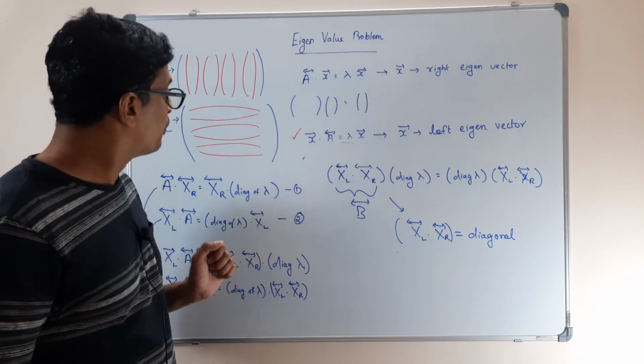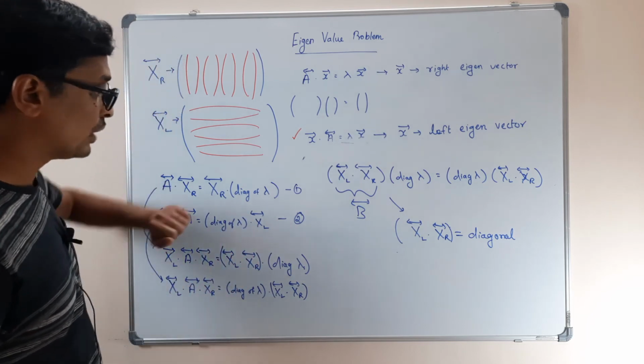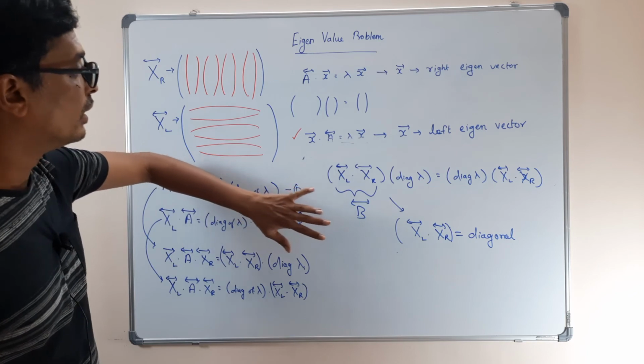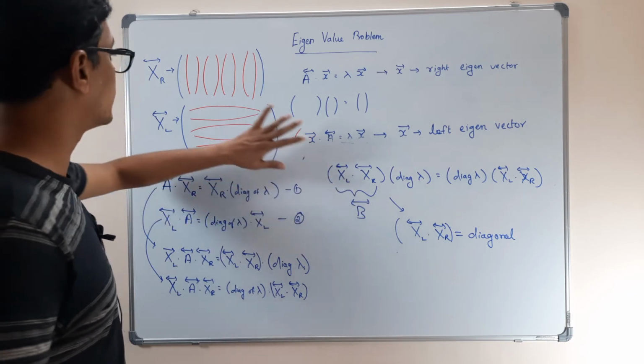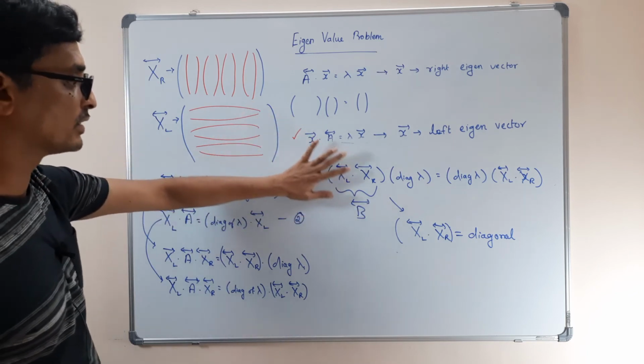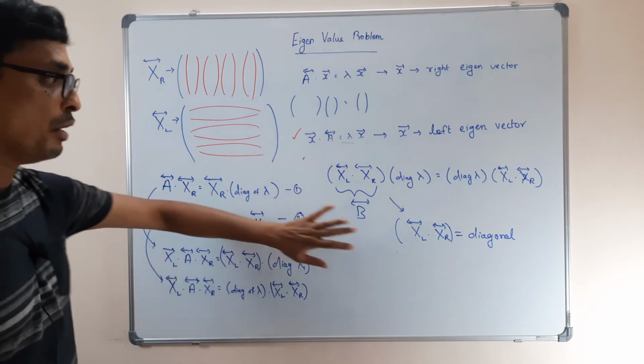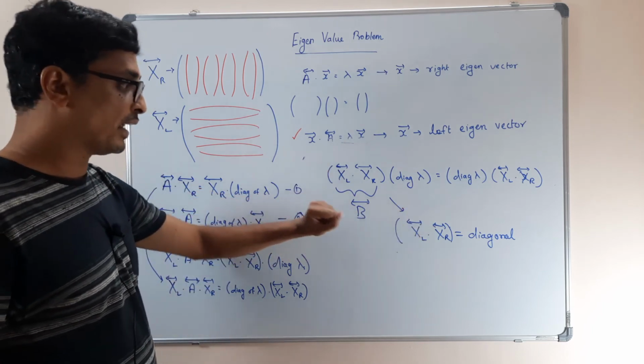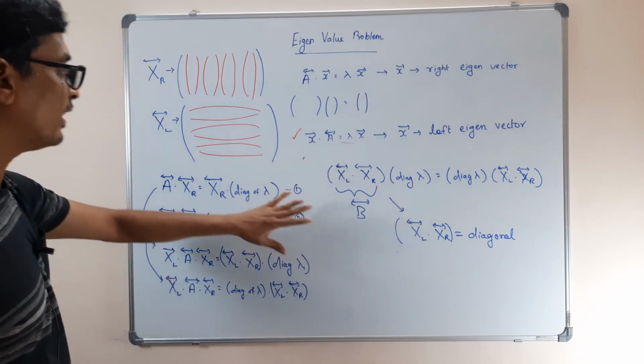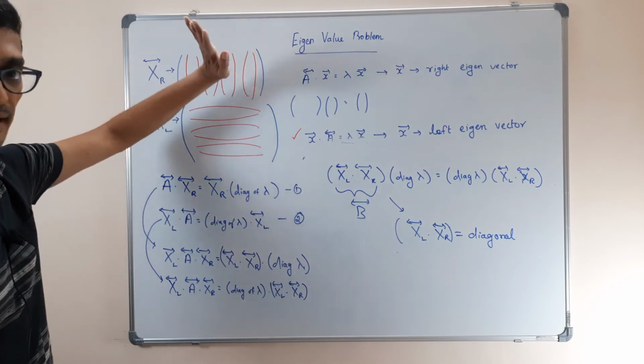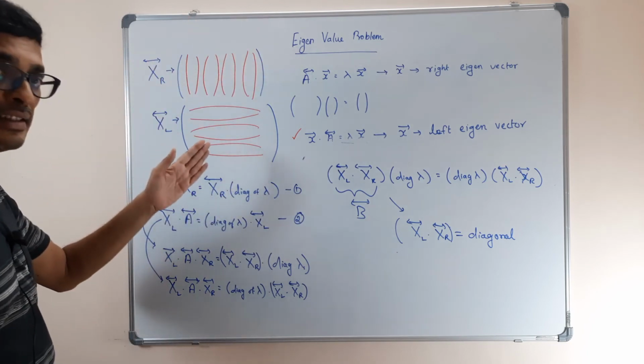Now, the reason we are taking these left eigenvectors and right eigenvectors seriously is that by doing this we can actually diagonalize a given matrix A. How we are going to diagonalize it, we will see later on.